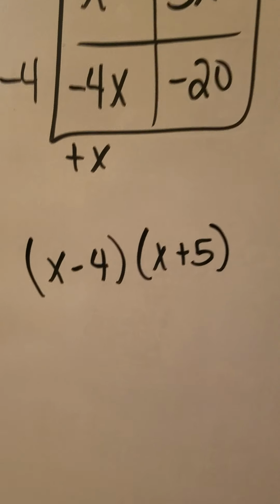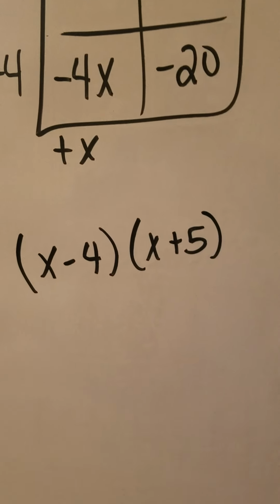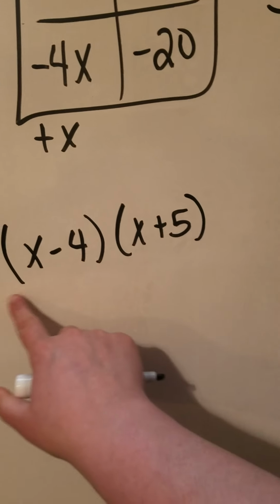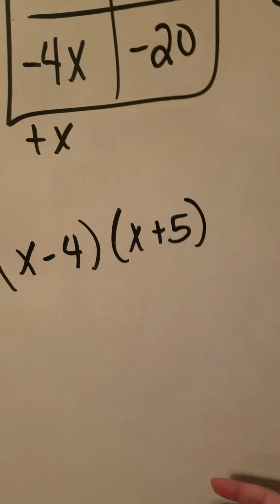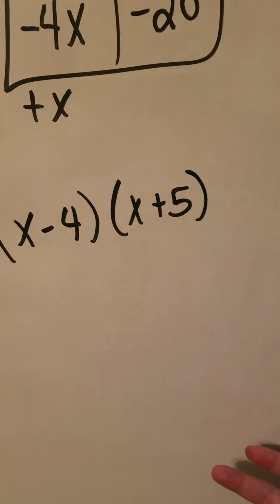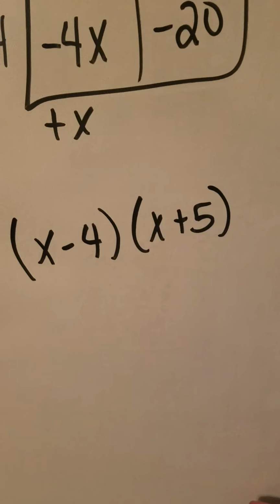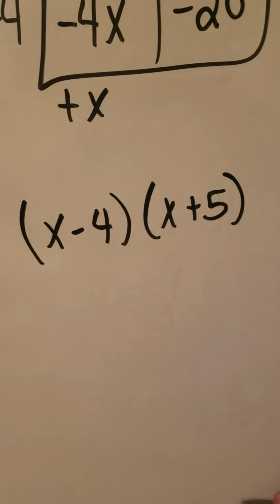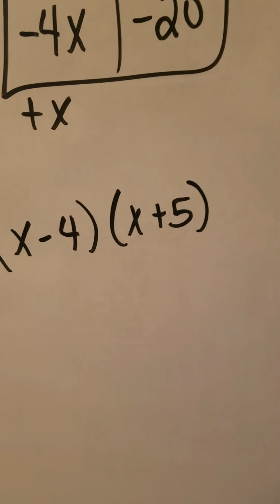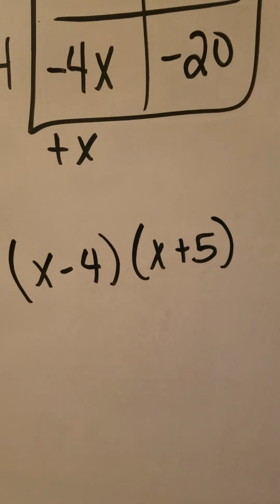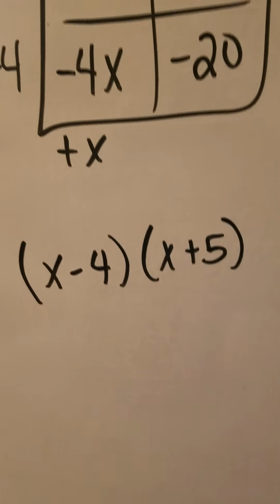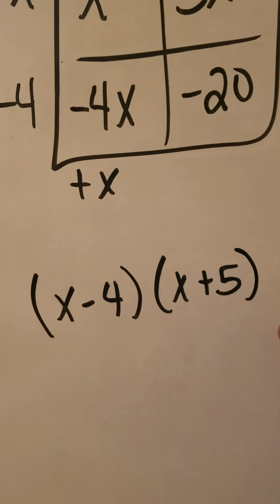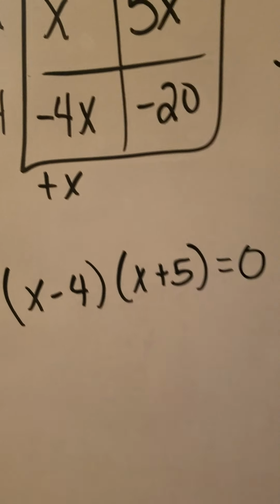However, we are doing solving by factoring, which means what we're actually looking for is the x-intercepts of this quadratic. We're looking to find out what those are. Now, sometimes we'll be able to find those just by looking at the graph, but what we want to know is how to do it without looking at a graph, how to do it with solving. So the way that works is every time you have a quadratic, we're going to have it equal to 0.